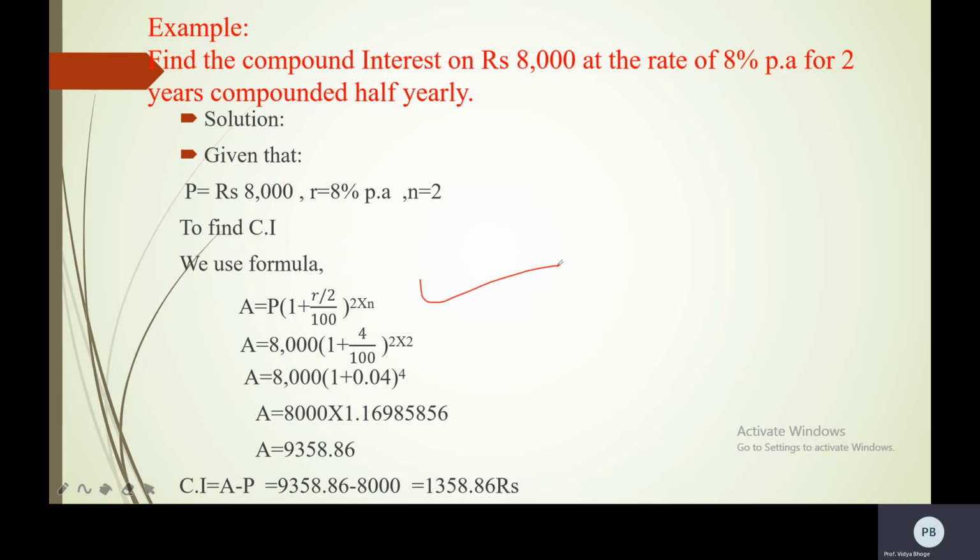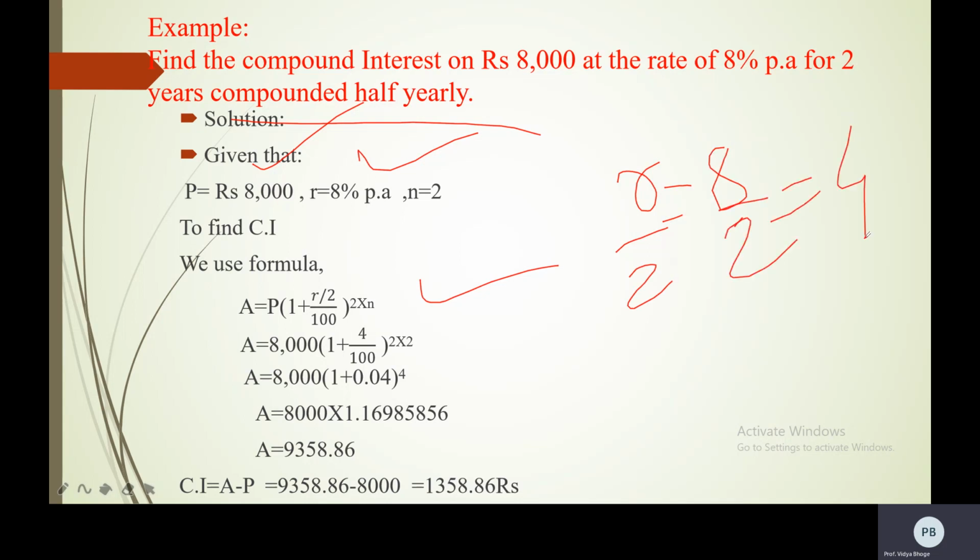The principal amount is 8,000, and the rate of interest is 8% per annum, but compounded half yearly, so we take R by 2. 8% divided by 2 is 4, so the R value is 4. And 2n means for 2 years, 2 into 2, which is 4.